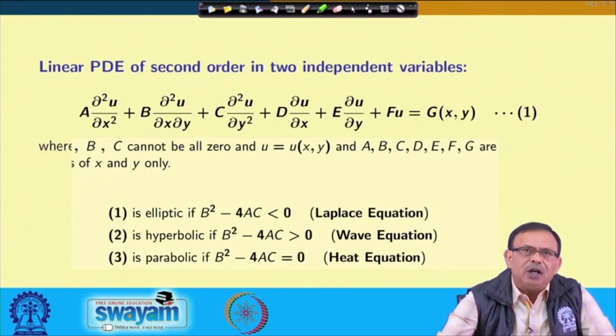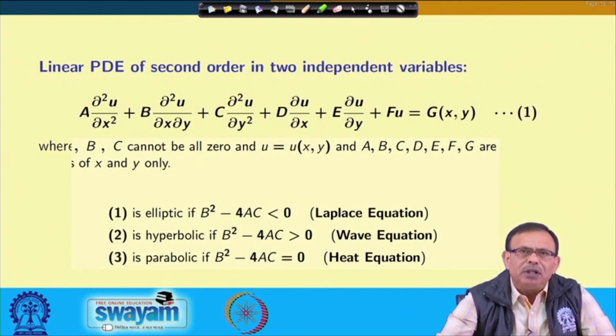So, the general second order equation, we are writing this capital F of u, that is nothing but a function of x, y, u, del u del x and del u del y, and a, b, c cannot be all 0.